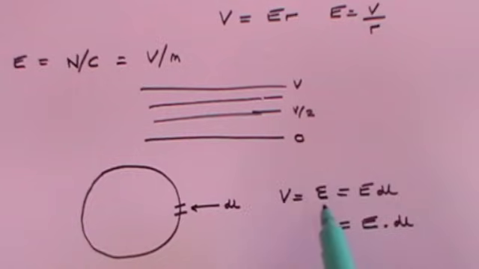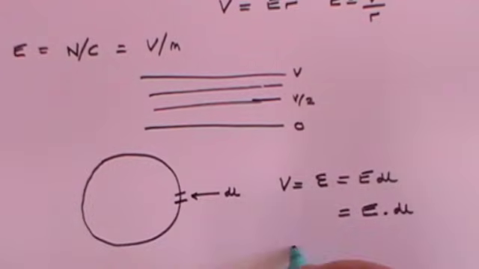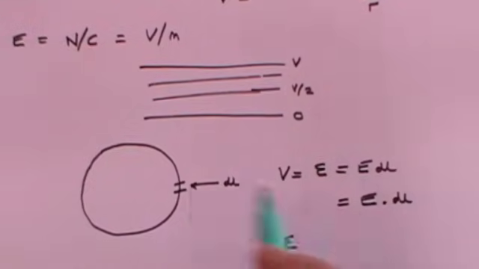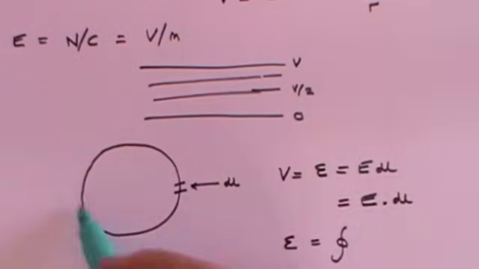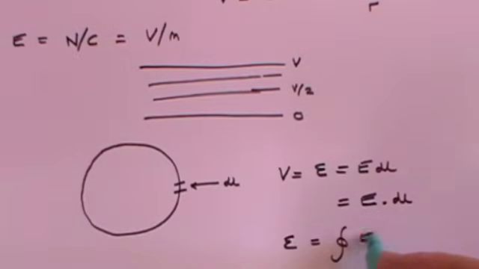And so we've now got that the EMF is E dot dl, which means that the total EMF will be the integral around the wire. So the total EMF is going to be the integral around the wire of E dot dl.